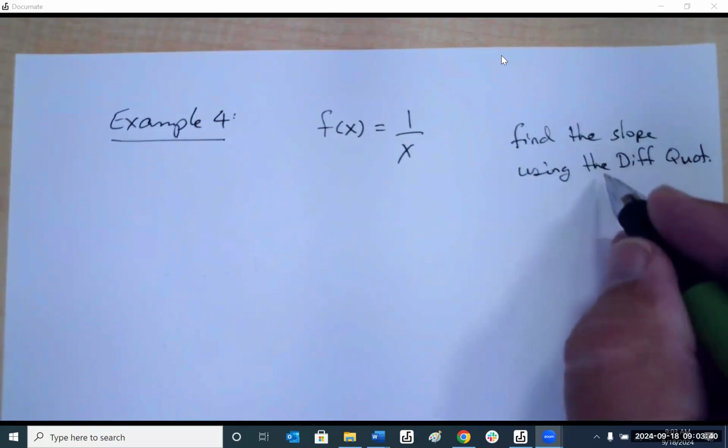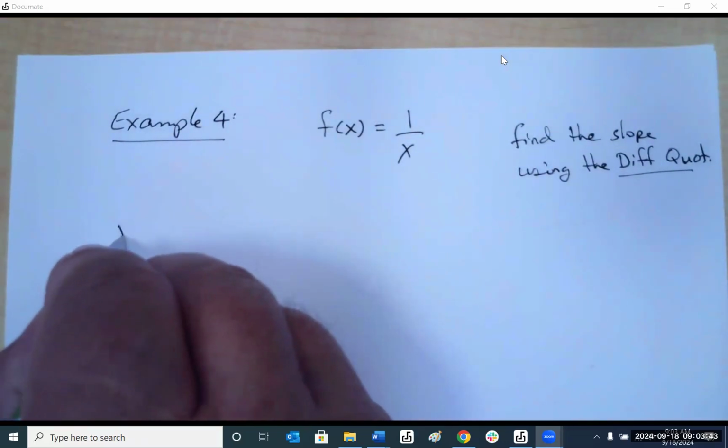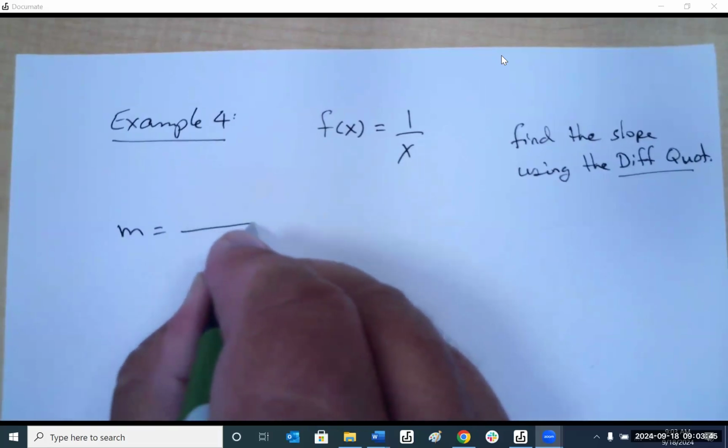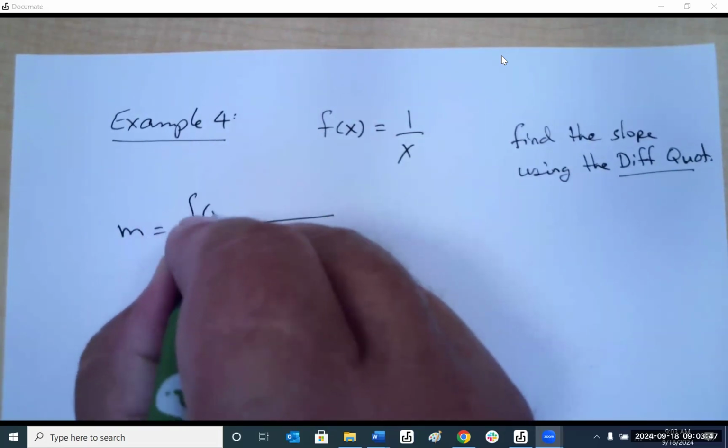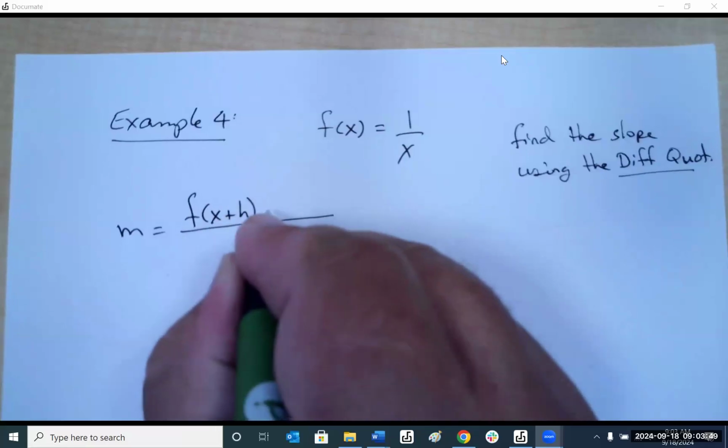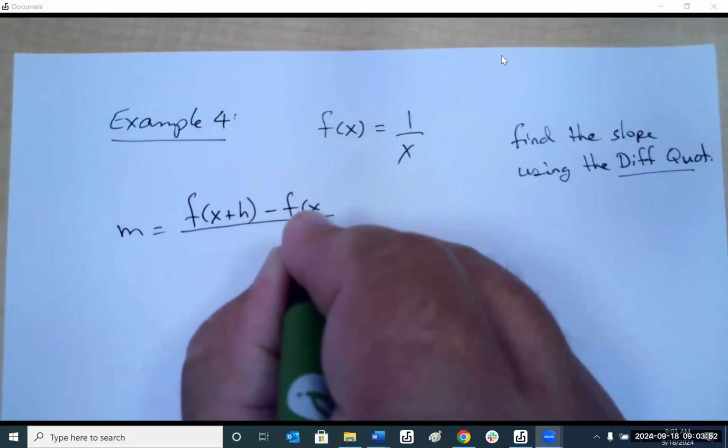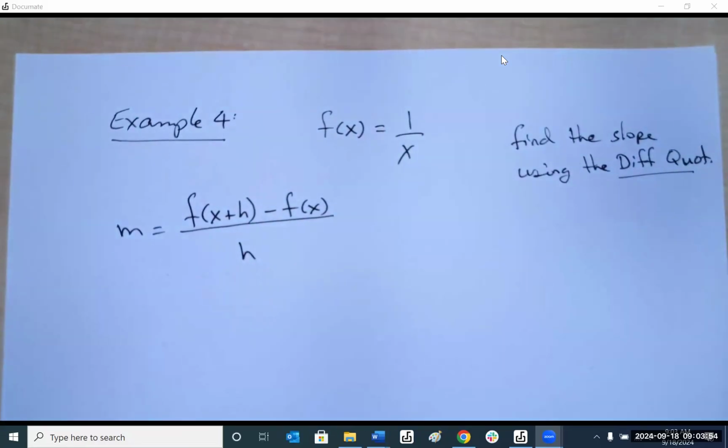So since it says find the slope using the difference quotient, I put down what I know so far. The formula: f of x plus h minus f of x over h.